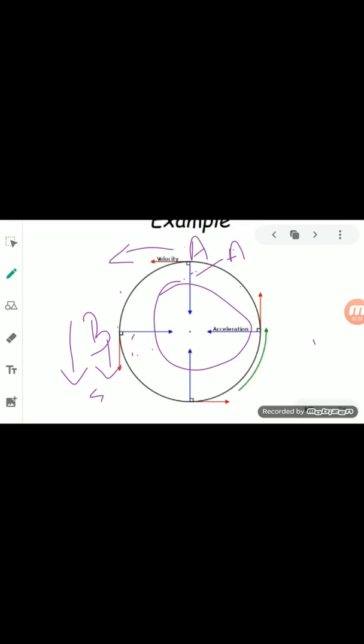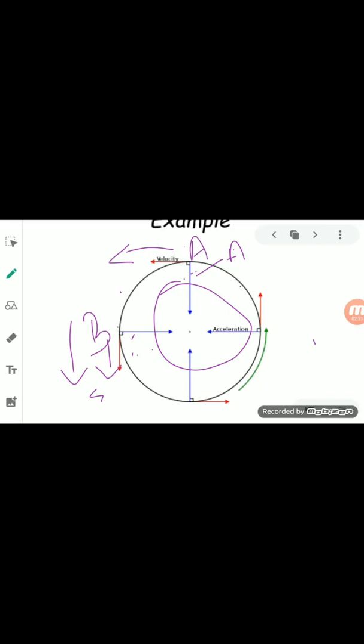Velocity is the speed in a specified direction. If a body is moving in a particular direction covering equal distances in equal intervals of time, we can say it is showing uniform velocity. Here there is a change in the direction of the speed, so velocity is not uniform. So it is clear that when a body moves in a circle with the uniform speed, its velocity changes continuously.